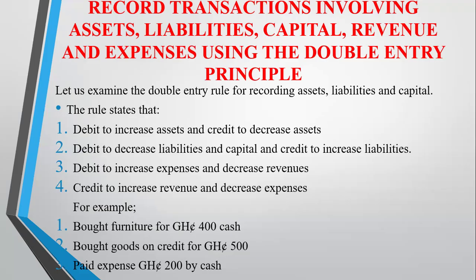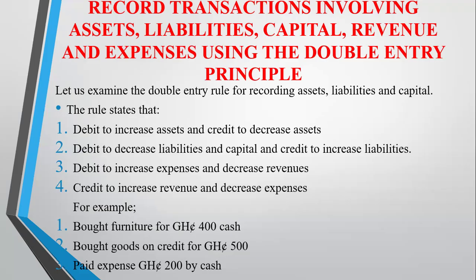Decrease in revenue. If there is decrease in revenue, let's say, for example, we've sold goods to a customer, and here our customer has returned the goods because of faulty goods. So if our customer returns these goods, we are going to open a return inwards account because of goods return.